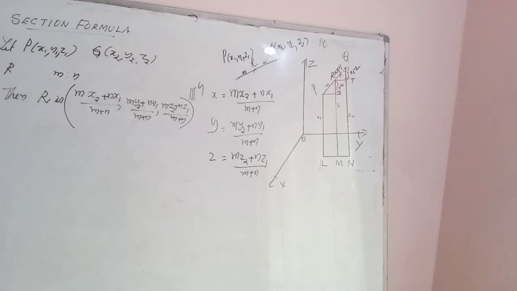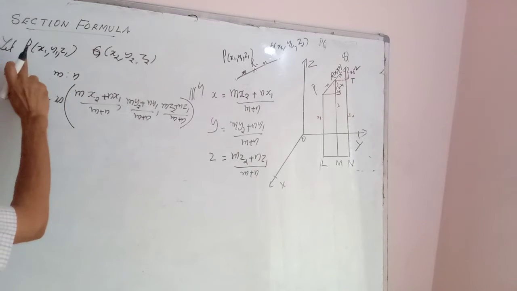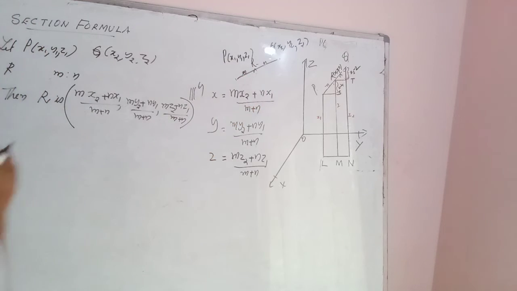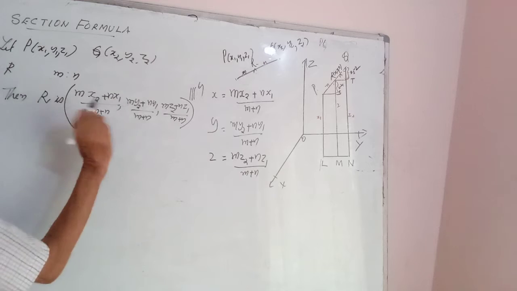This is the coordinates of R if R divides PQ in the ratio m is to n internally, and if it is an external divisor, replace n by minus n.